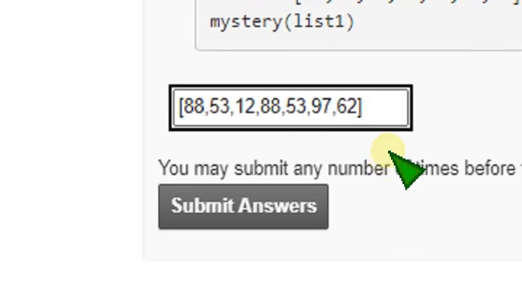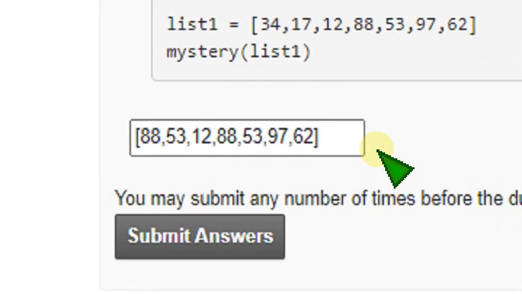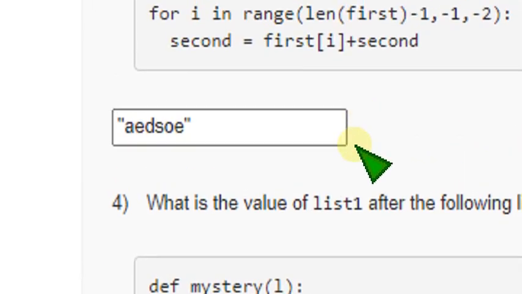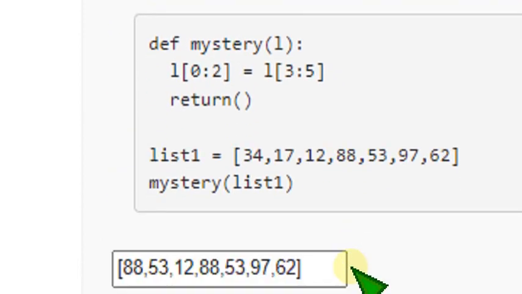So this is the pattern for the fourth question we have to type, and for the third question we have to represent it like this. This is the fourth one.